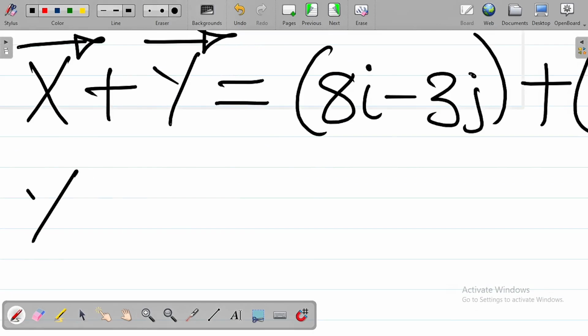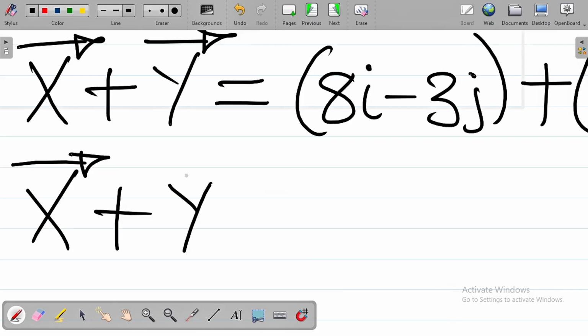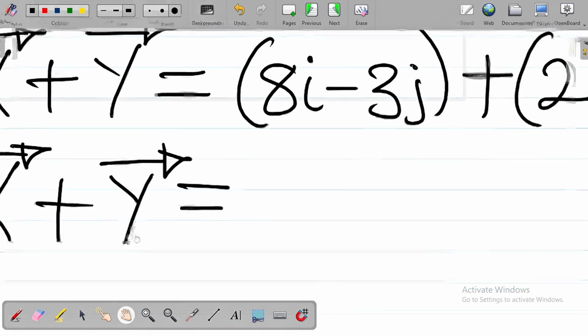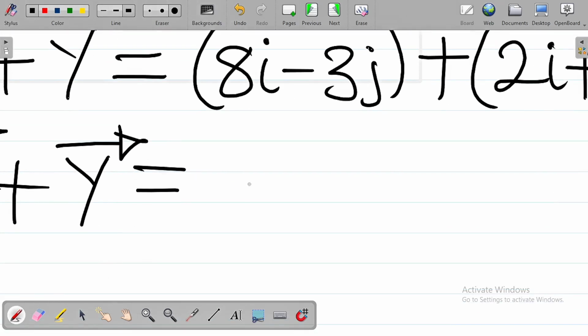So we have here vector x plus vector y is equal to, now let's open up the bracket. So we have 8i minus 3j.